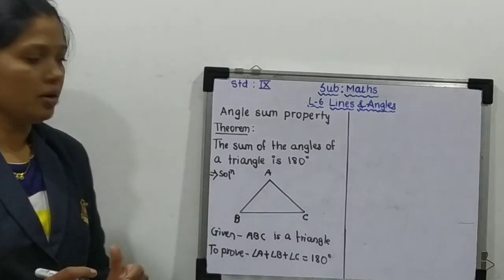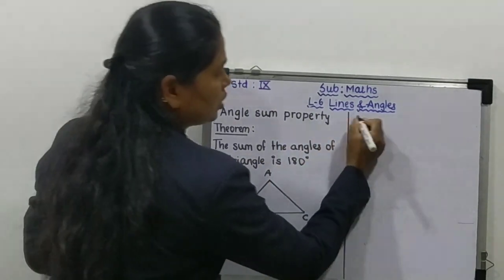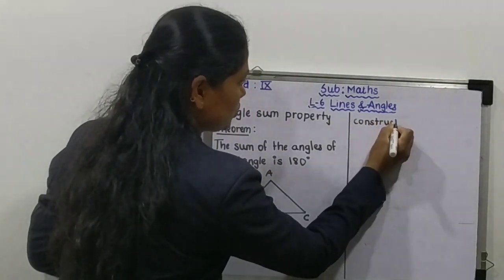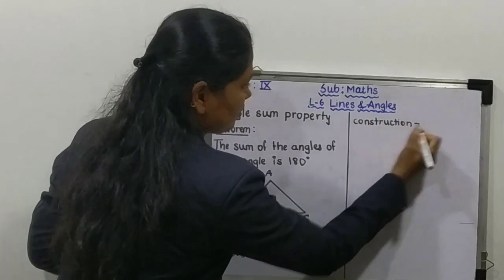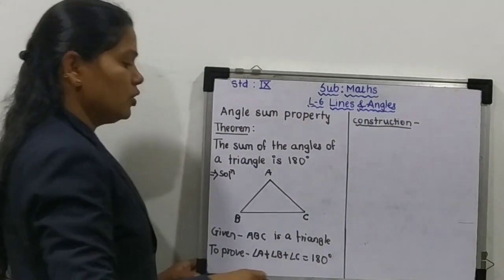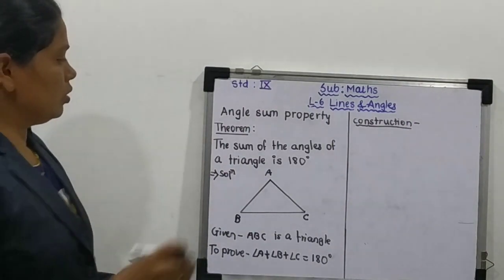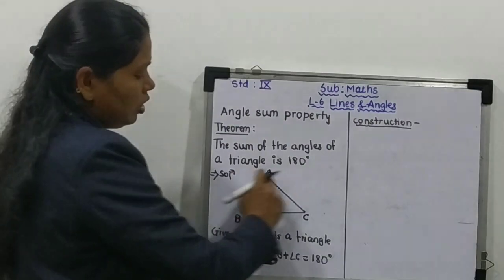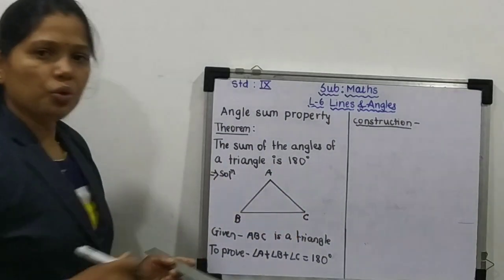Understood? Now from this much information we are not able to do the proof, so for that we are going to do one construction. That construction also has to be specified or written. So what construction are we going to do? From point A, we will draw a line parallel to BC.